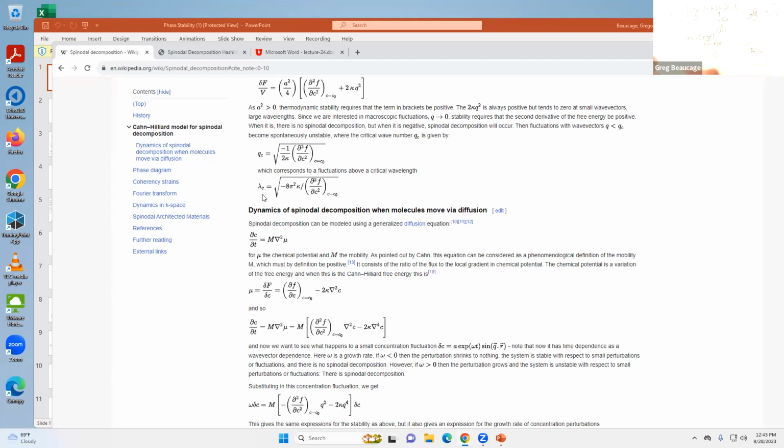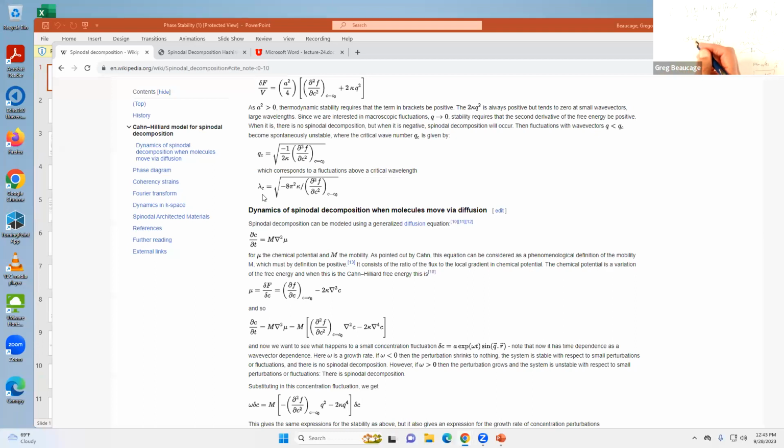It's like what part of Q of this concentration fluctuation is in the direction R. That's the idea. That's what the cosine takes care of. So that's how that works, and the magnitude of the fluctuation is A.